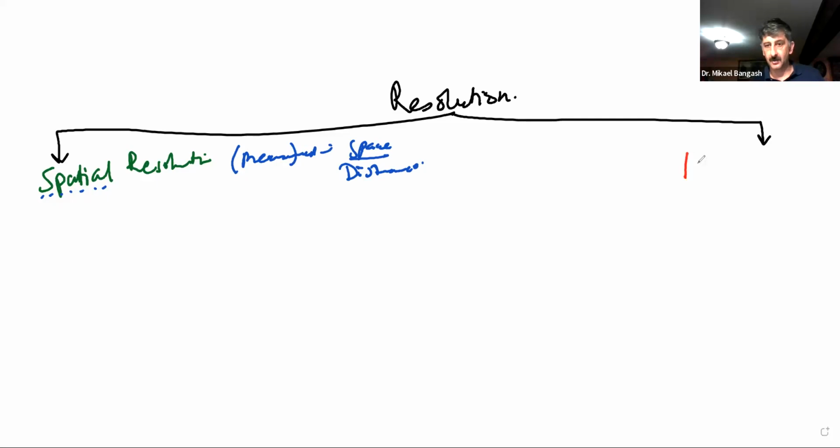Then, just like we had an intensity, the other one is going to be temporal resolutions. So temporal resolution means we're going to measure or determine the resolution in terms of time.